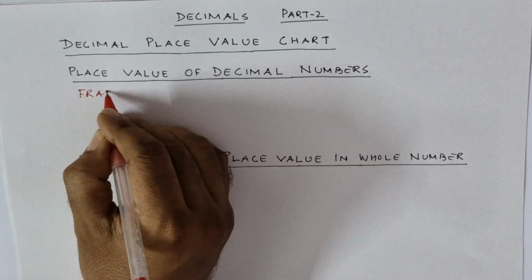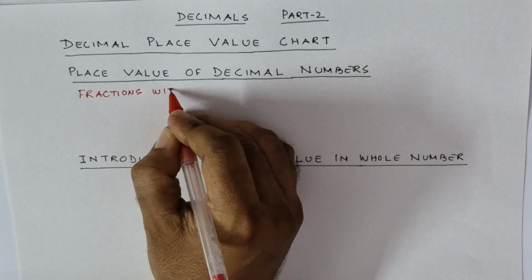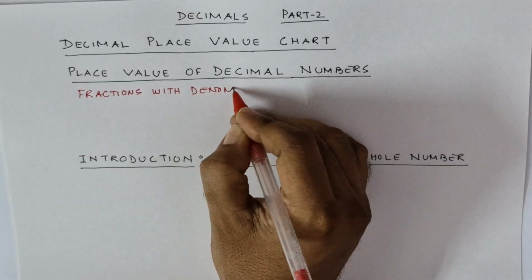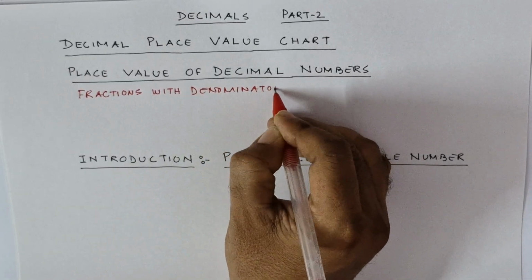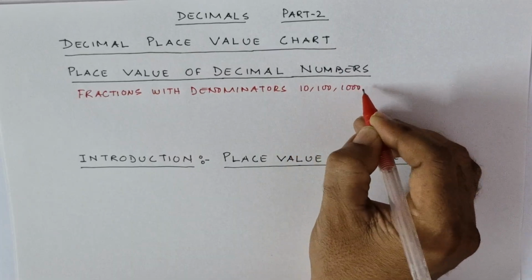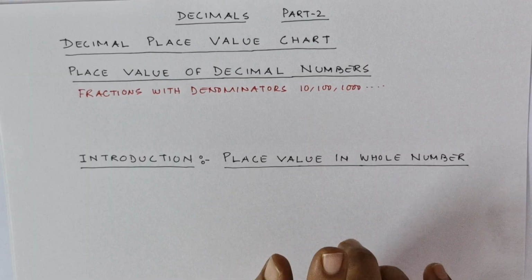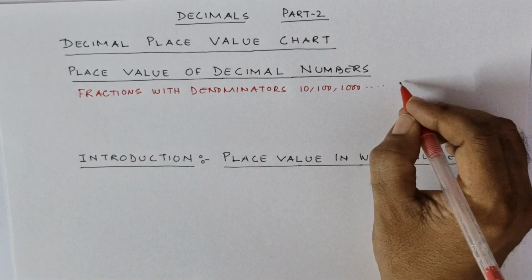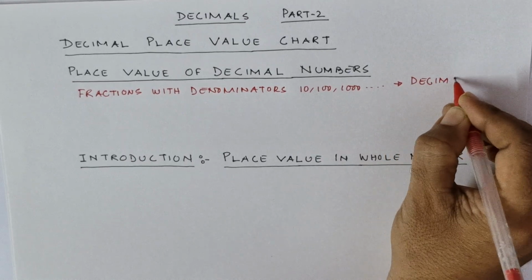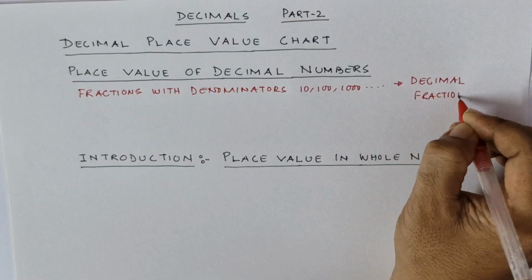See, fractions with denominators 10, 100, 1000, and so on and so forth, are called decimal fractions, right? They are called decimal fractions.